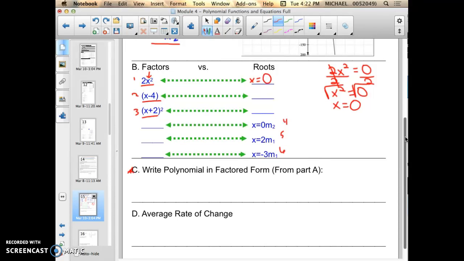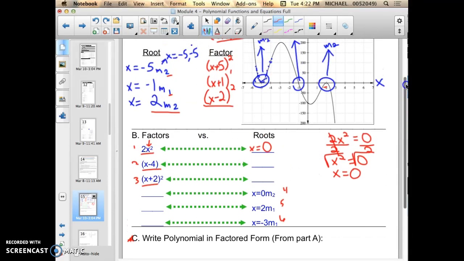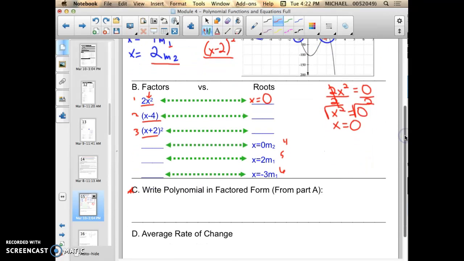But I'm not quite done yet, because this has a power of 2. And if you remember from up here, if a multiplicity of 2, it goes to the power of 2, and vice versa. It works the same way backwards. So I write 0, multiplicity 2. And now I'm done. So in this particular factor, that 0 shows up twice on the graph. So it would bounce off of the x-axis at x equals 0.